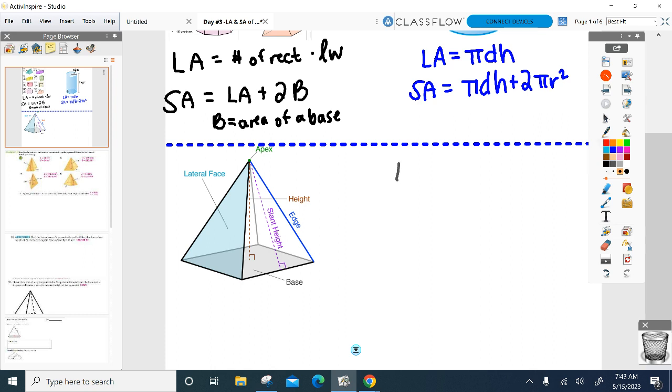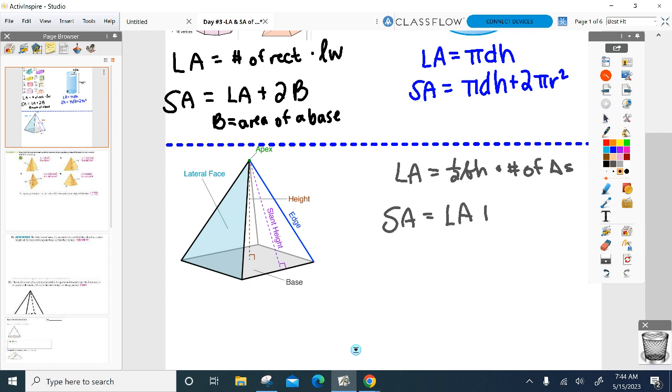So lateral area, we said, if I take off the base, all I'm left with is triangles. 1/2 base times height times number of triangles. So there's your lateral area of a pyramid. And then surface area, now I add that base back on.